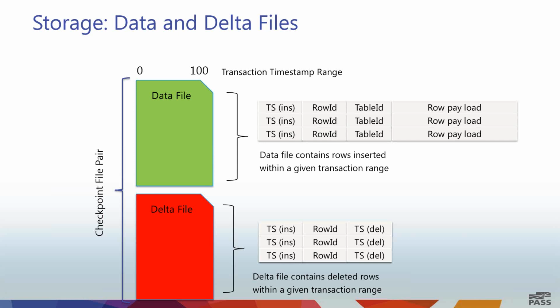The insert timestamp and the row ID together are a unique identifier for a row. We also record the delete timestamp in the delta file to figure out at what point it was deleted, in case we want to redo to a certain point in time; we can do a cutoff based on this delete timestamp.